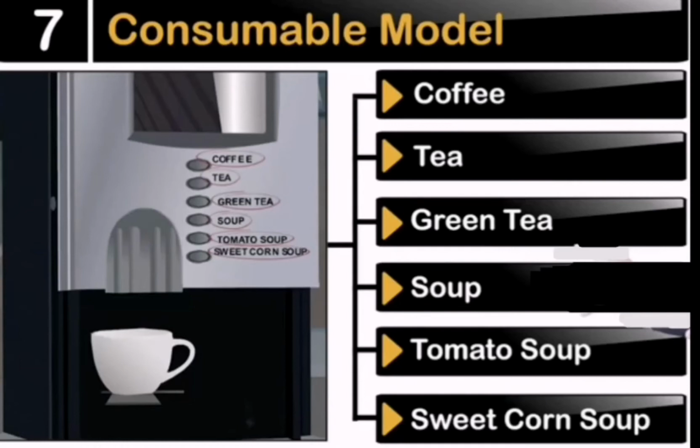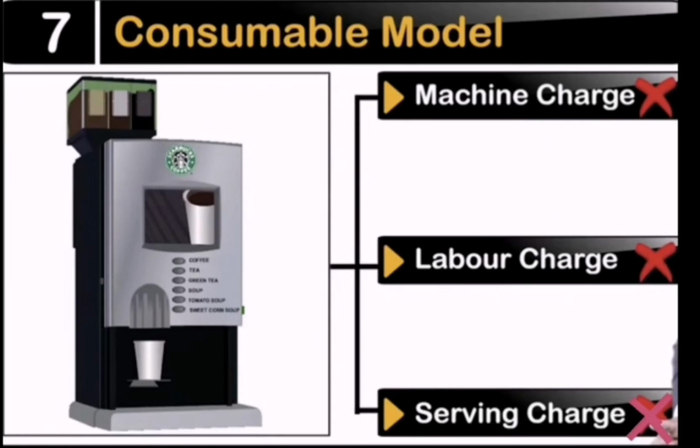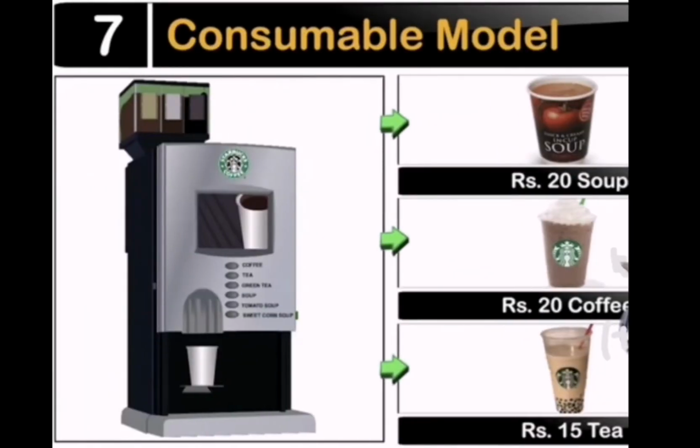Let's say you just purchase a coffee machine and put it in front of a restaurant, and you offer coffee, tea, green tea, soup, tomato soup, and corn soup there, and you do not ask them for the machinery charges. The coffee machine is usually very expensive, and you do not even take the labor charges from them, and you do not take the serving charges either. Then how are you going to get the profit?